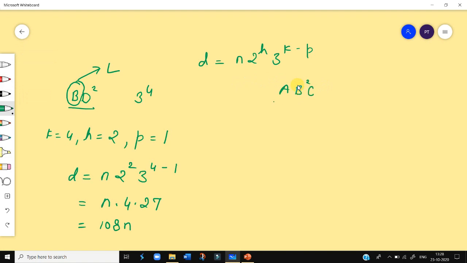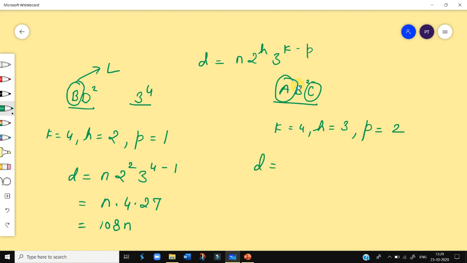Let us discuss the divisor for AB square C as well. So it is 3-factor interaction of a 3 raised to 4 design. So again, k is equal to 4 and h is equal to 3. In this, there are two factors which are contributing linearly, A and C. So value of p is 2.